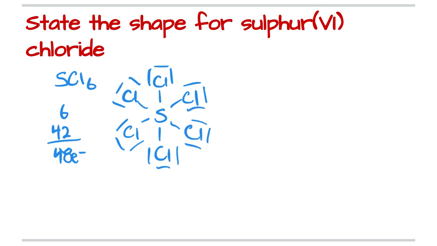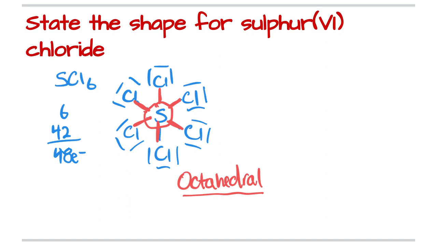Now if we do our analysis again, we have our central atom sulfur. There are 6 bonds to sulfur, 1 to each of the chlorines, and there are no non-bonding pairs. So this is based off of an octahedral shape, and because it's 6 bonding and 0 non-bonding pairs, its VSEPR shape or molecular geometry is also octahedral.